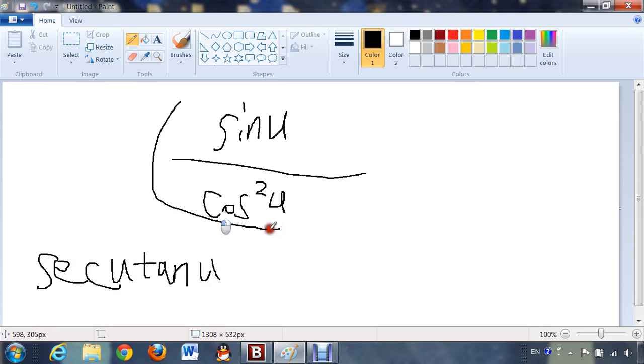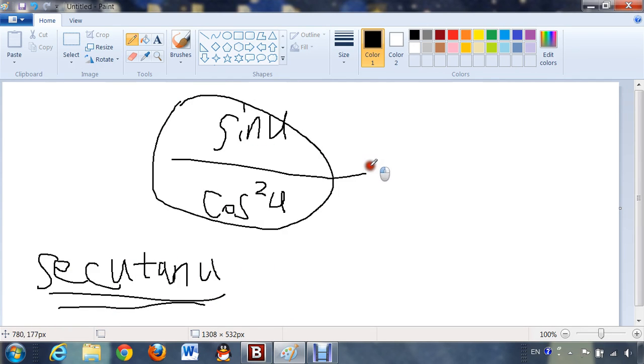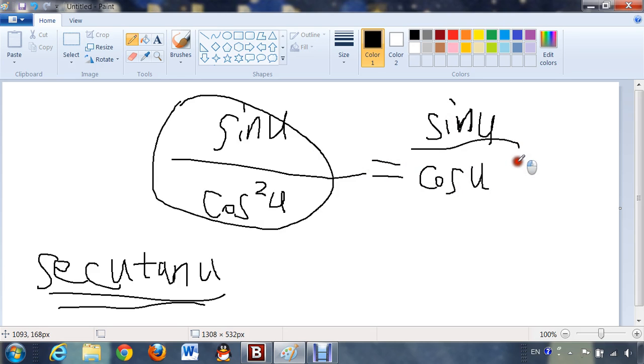You think like, okay, why is that? Because we got this answer, not this. But the trick is to rewrite it as sine of something over the cosine of something times 1 over cosine of something. Because remember, like, this is a product, right?